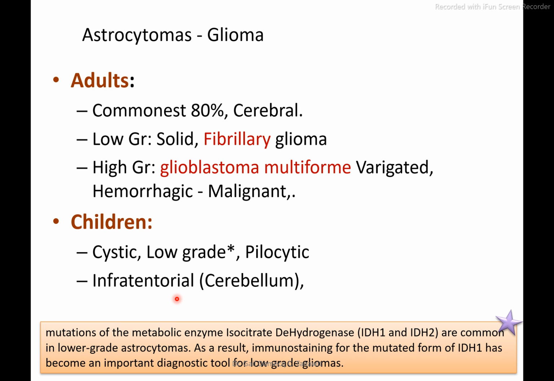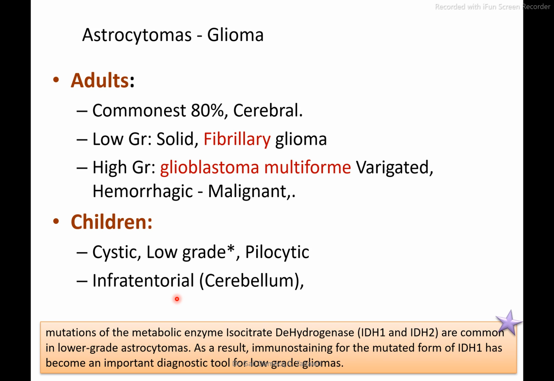So astrocytoma, okay, it's a glioma. In adults, this is the most common, located in the cerebral hemisphere. Okay, low grade, made up of solid and fibrillar glioma. If it's a high grade, we call it already glioblastoma or GBM. Glioblastoma multiforme, variegated. So hemorrhagic and malignant.